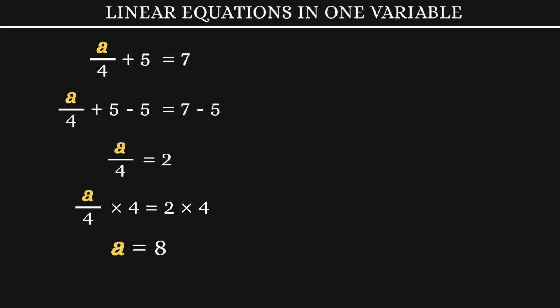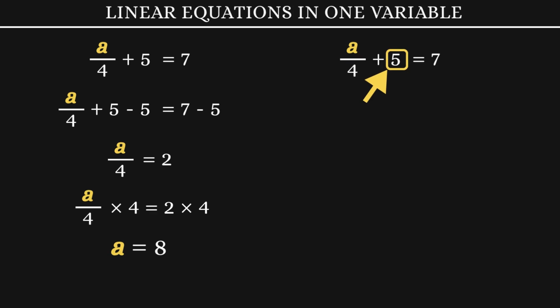Let's try to solve the same equation in another way. What if you want to eliminate the 4 first? Can we multiply both the sides by 4? Yes, you can do it, but before that, you have to make sure that 4 is the common denominator on the left side. And how do we do that? This 5 is the same as 5 by 1.